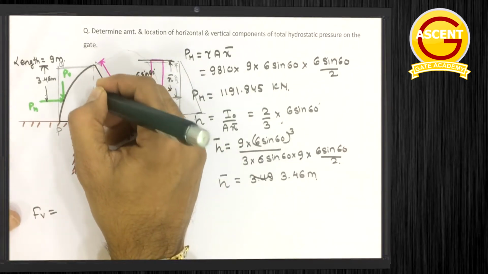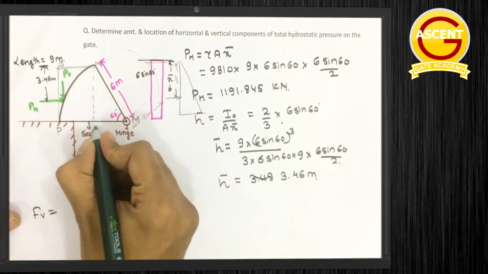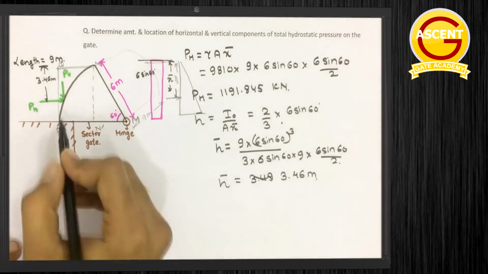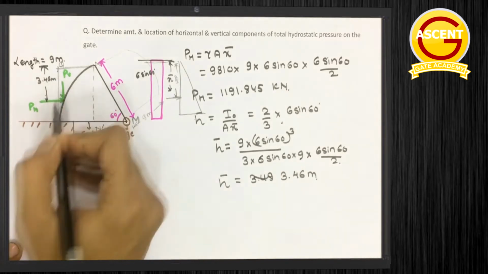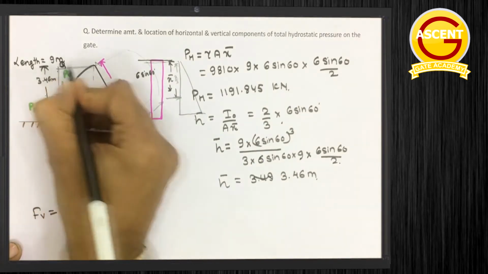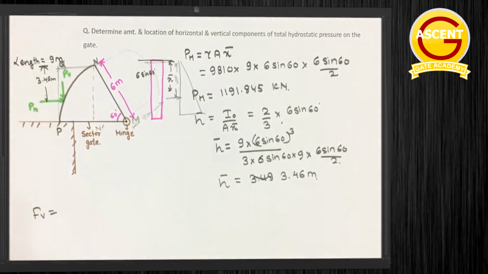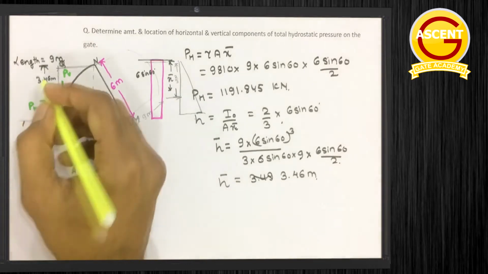If I project this, it will meet at a point N dash. Now just understand this thing. We have to determine this area PQN, the liquid in the area PQN.